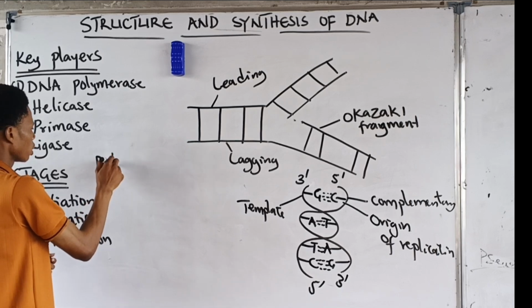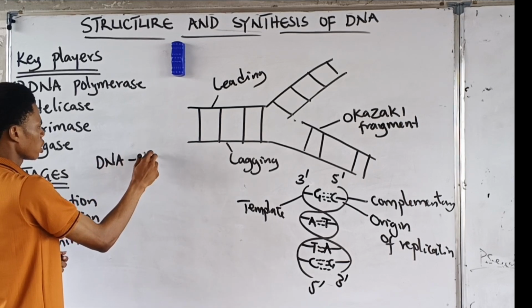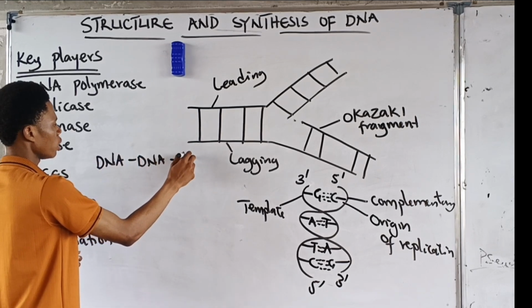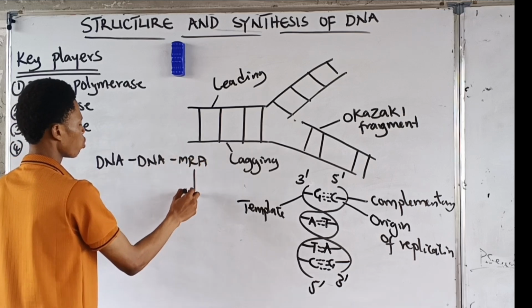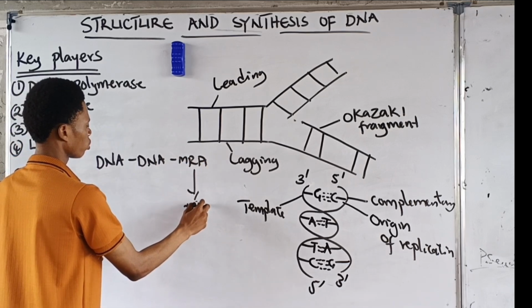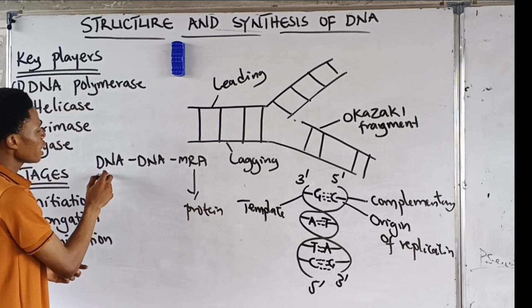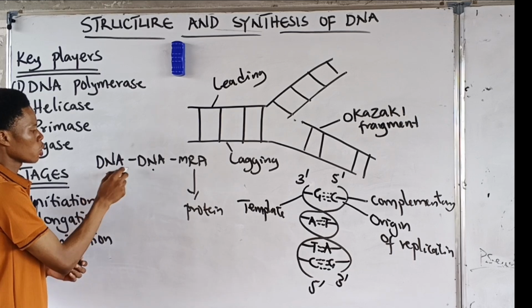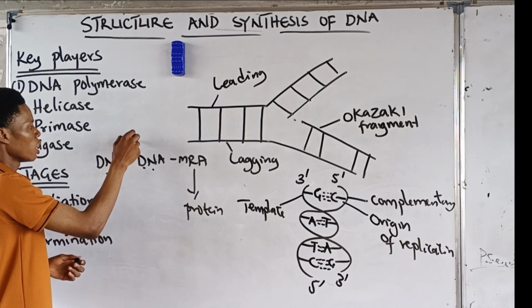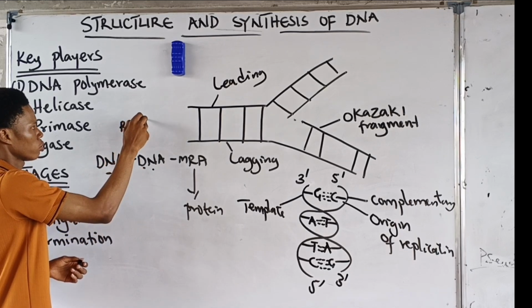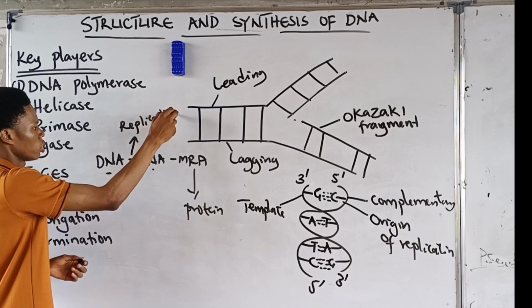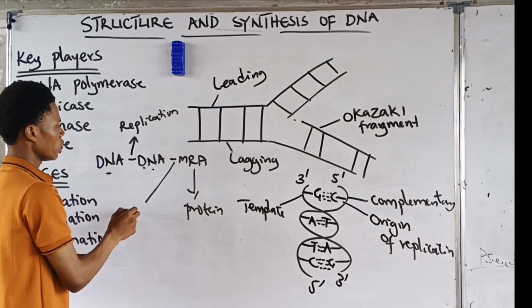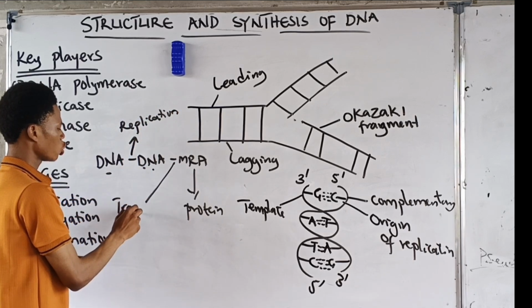From DNA to DNA to mRNA to protein. Now, from DNA to DNA, that's using DNA to synthesize DNA, which is called replication. Then from DNA to mRNA is called transcription.